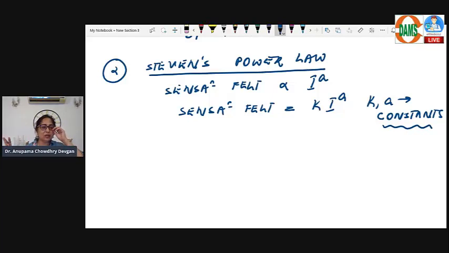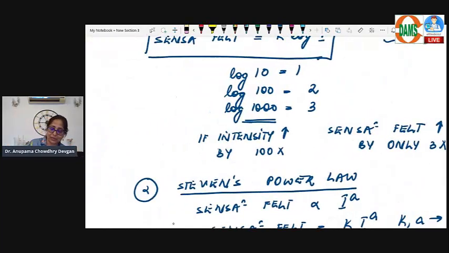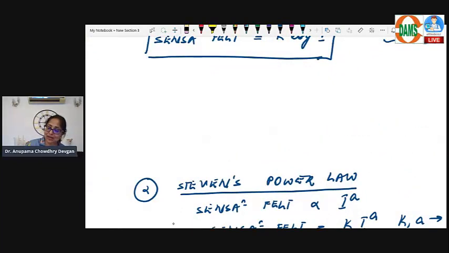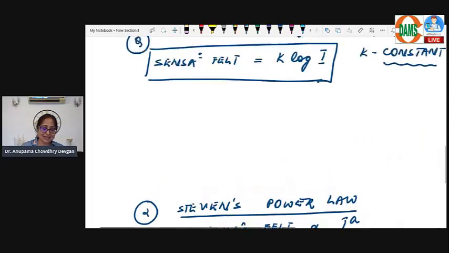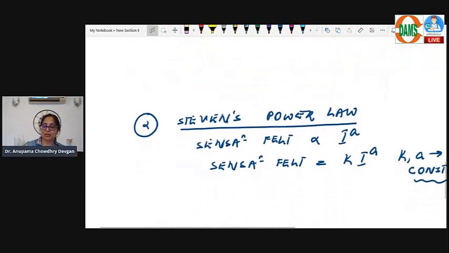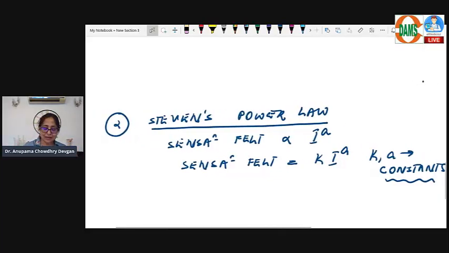So there are two laws for intensity discrimination: Weber-Fechner law and Stevens power law. Weber-Fechner law states that the sensation felt is proportional to log of intensity. Stevens power law states that sensation felt is not proportional to log of intensity, but to a power function of intensity, that means sensation felt is k I to the power a, where k and a are constants.